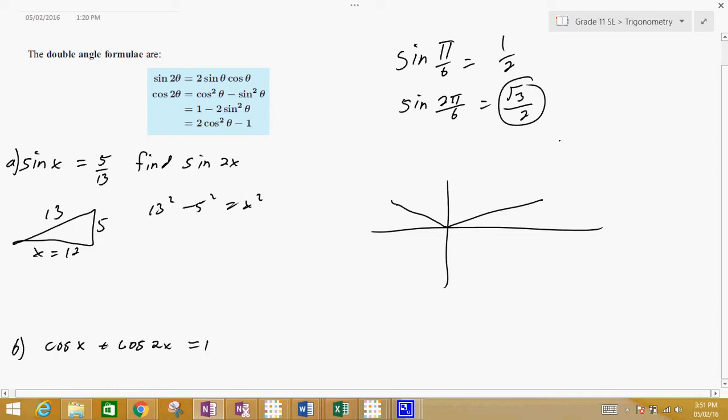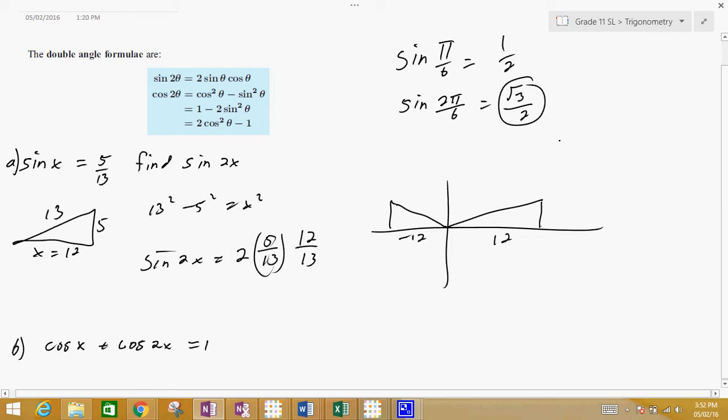Now if I want to find what sine 2x is, well, sine 2x is equal to 2 times sine x, which is 5 over 13, times cosine x. Now cosine x is 12 over 13, but it also could be negative 12 over 13, because it's this triangle where you're at negative 12, or this triangle where you're at 12.